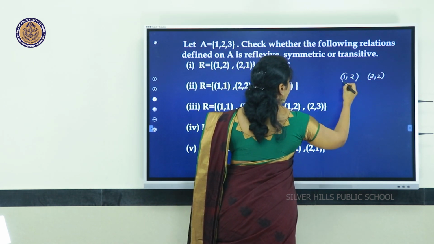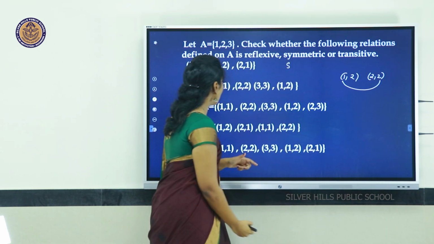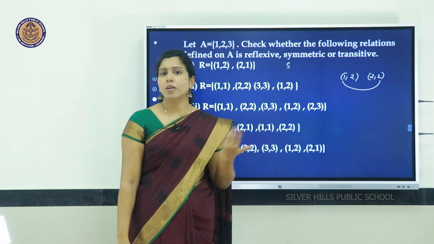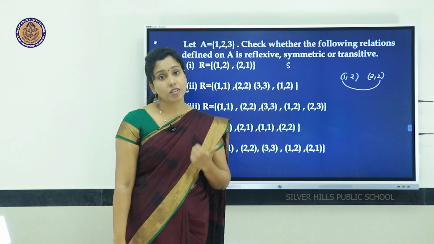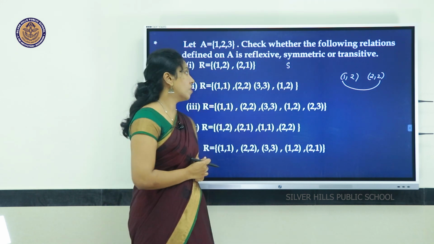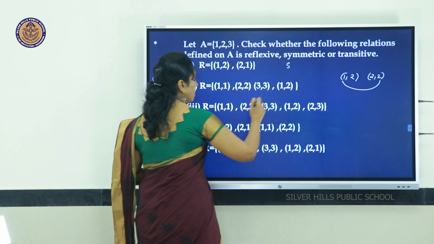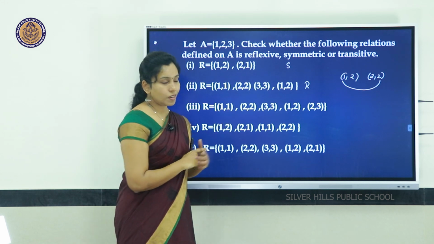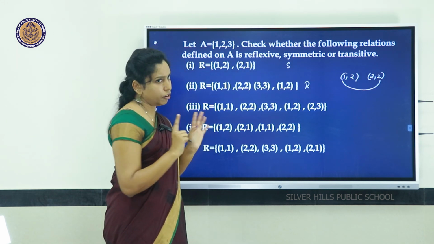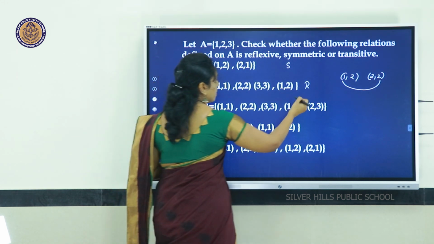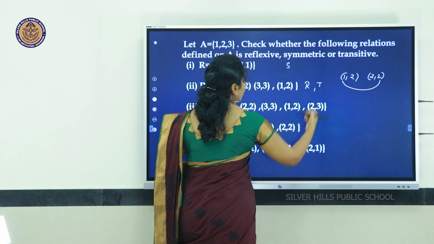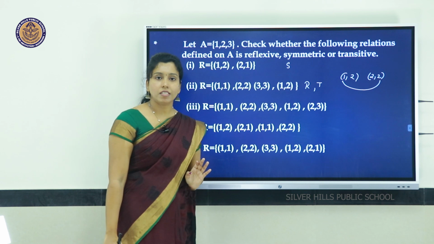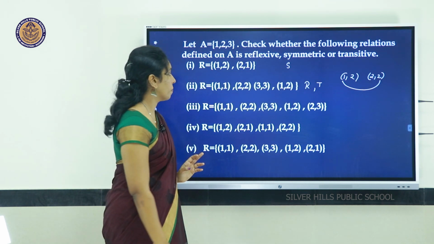If I combine these two, I get (1, 2), isn't it? Yes, (1, 2) is present there. So, I would conclude the given relation is transitive. So, which letters can I use here? It is reflexive, okay, R stands for reflexive. Is it symmetric? No, but it is transitive. So, the first one is just symmetric, the second one is reflexive and transitive.